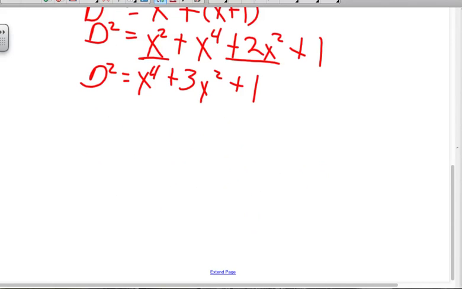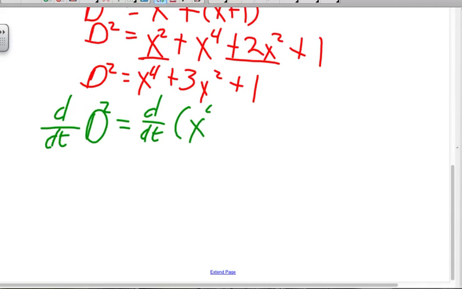Okay, so now what we want to do is come in and take the derivative. So I do d dt of D squared will be equal to d dt of this mess. Okay, so first thing I do is take the derivative of this thing.